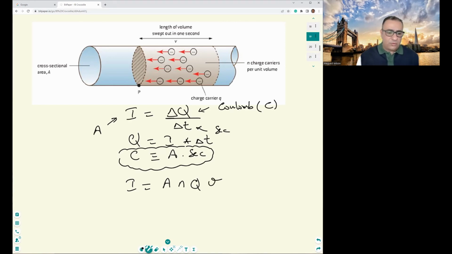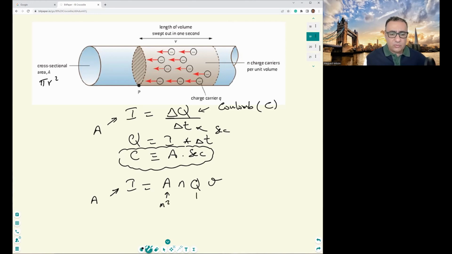So let me go through all the parameters in this formula. I is the electric current intensity in ampere. A here is the cross-sectional area. Normally it's a circle, as you see here, so the cross-sectional area is pi r squared. If you know the radius or the diameter of the cross-section, you can easily calculate the area. The unit of area in the SI system is meter squared.